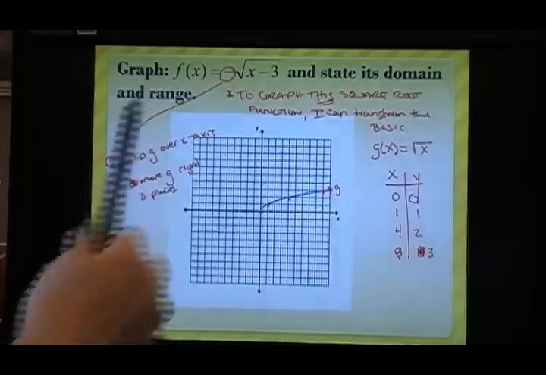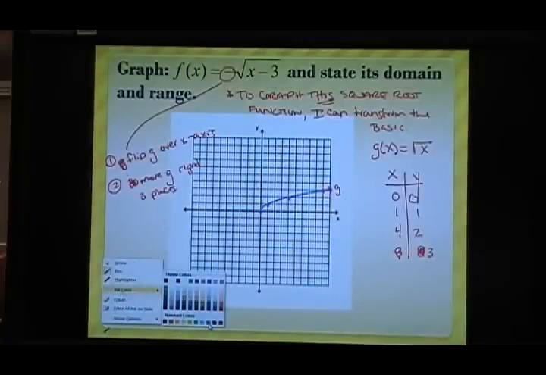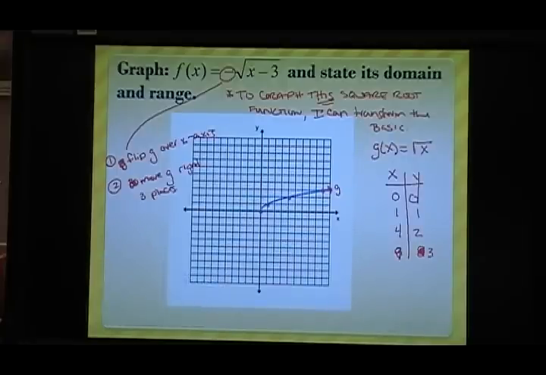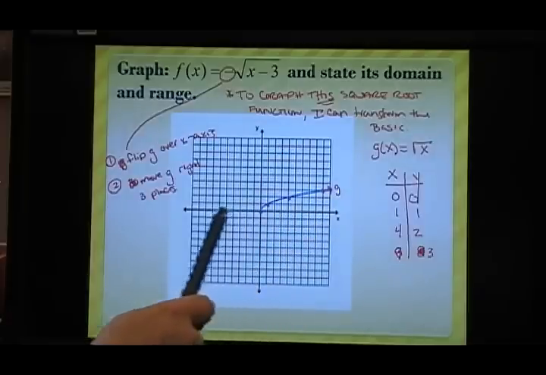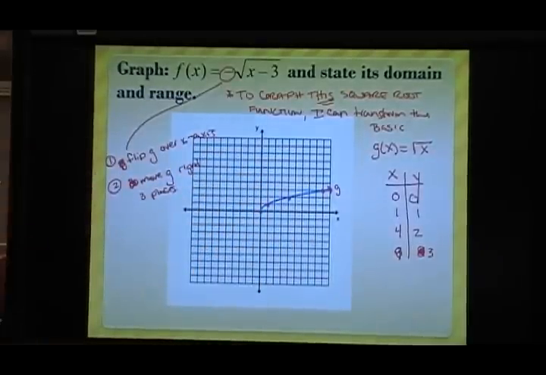So flipping g over the x-axis, let me change my ink color. I'll go purple. So when you flip or rotate about the x-axis, you leave anything that's on the x-axis fixed, and then you rotate it just like a rotisserie.